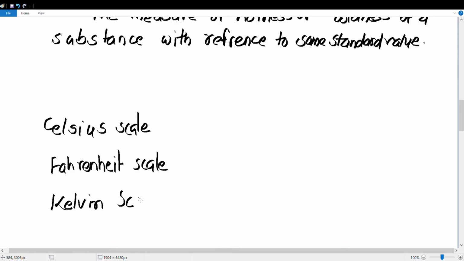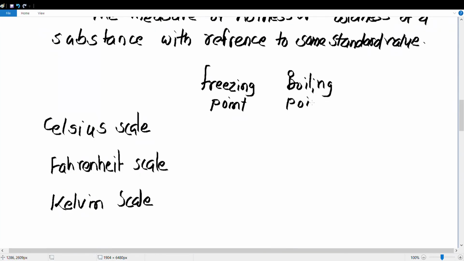These are the three scales. These scales are calibrated by knowing two fixed points. One is the freezing point of water, and another one is the boiling point of water.